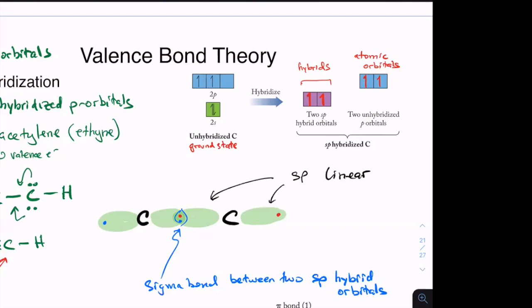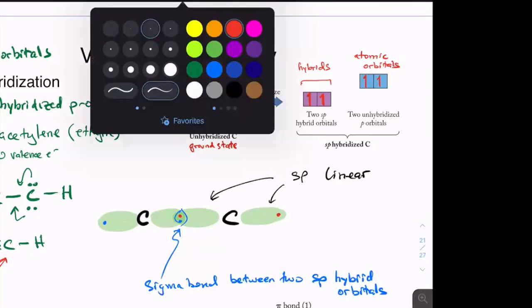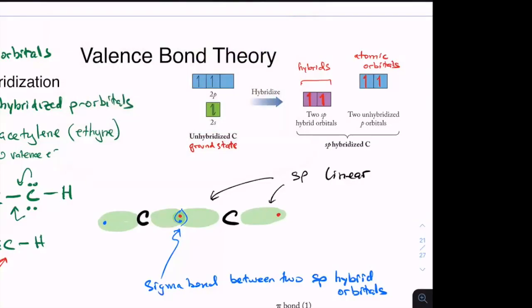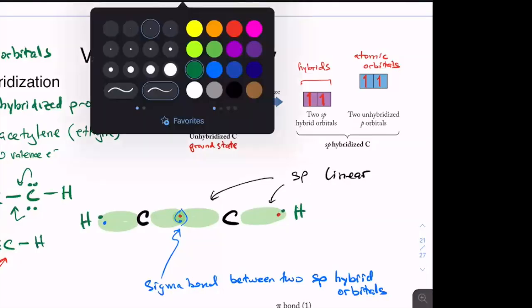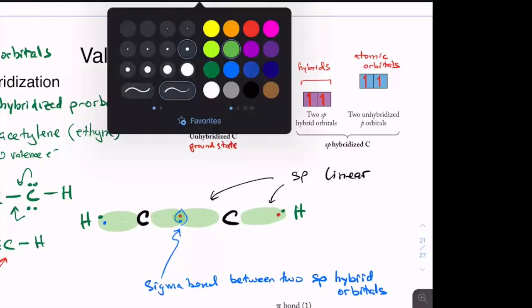Now we also have hydrogens bonded here, and we know what hydrogen bonding looks like in these molecules. So let's put that in green. So we've got one hydrogen out here that's sharing its electron, and we have one hydrogen here that's sharing its electron. Now, of course, those are both in s orbitals.